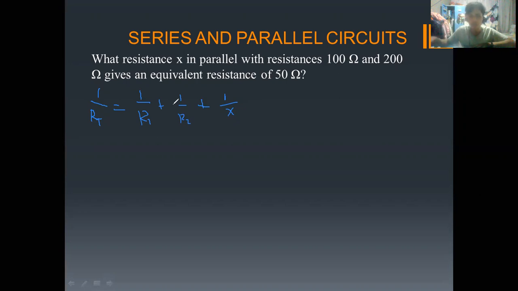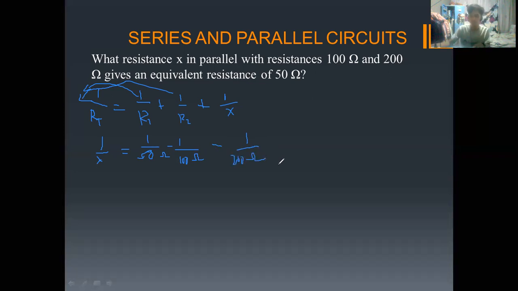So, para makuha natin yung X, transpose lang natin to, which gives us 1 over X is equal to, substitute na natin yung mga value, 1 over 50 ohms minus 1 over 100 ohms minus 1 over 200 ohms, kasi transpose natin yung dalawang value.